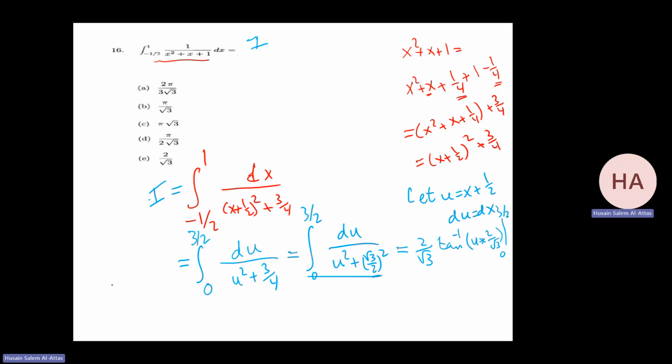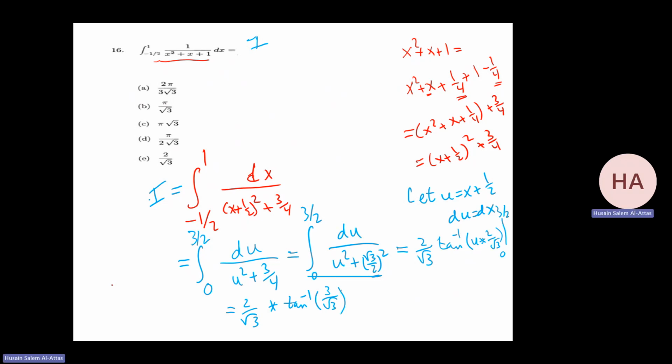Now, what will happen? I have 2 over square root of 3 times tan inverse of what? 3 over 2 over square root of 3 over 2, that is 3 over square root of 3, minus tan inverse of 0, which is 0. So what is tan inverse of 3 over square root of 3?